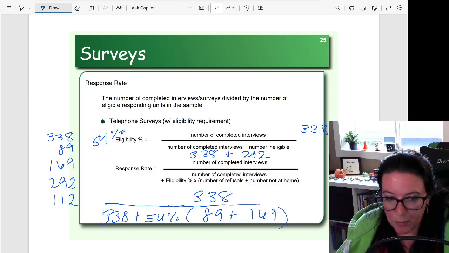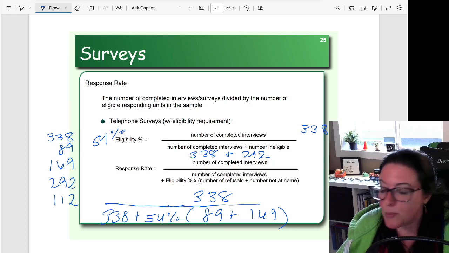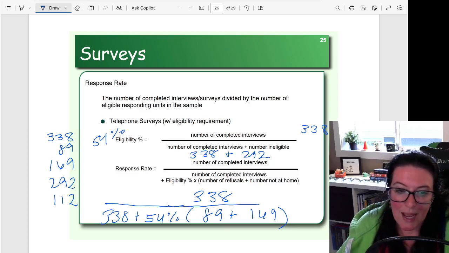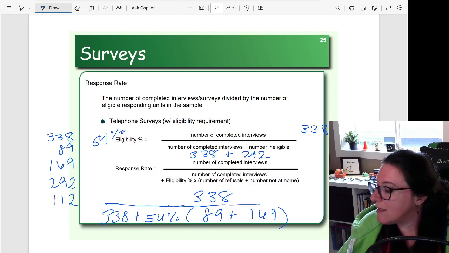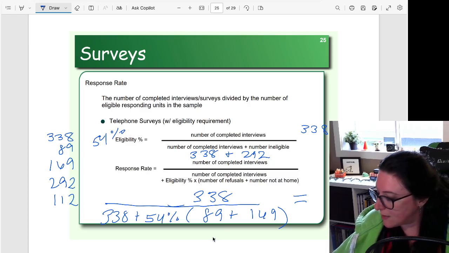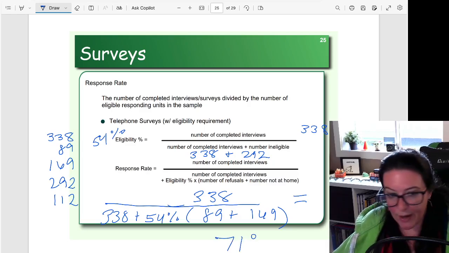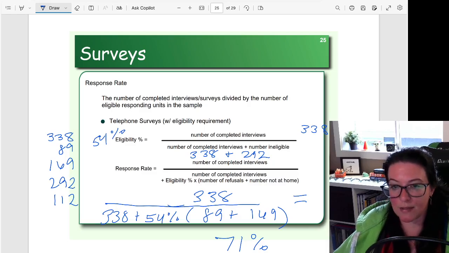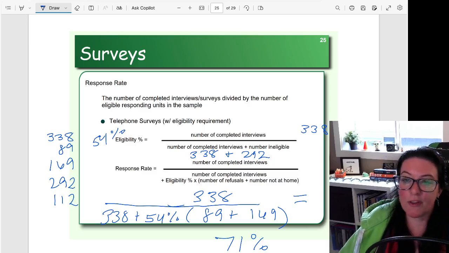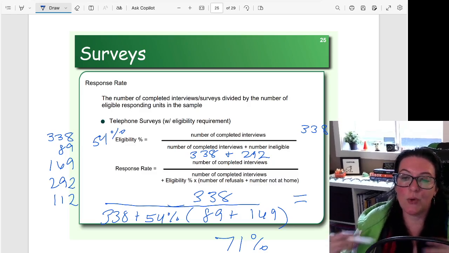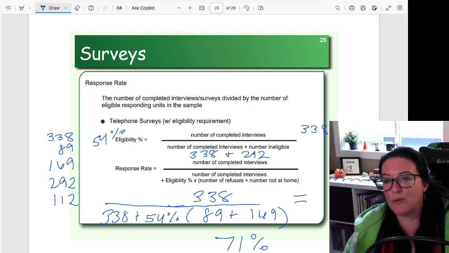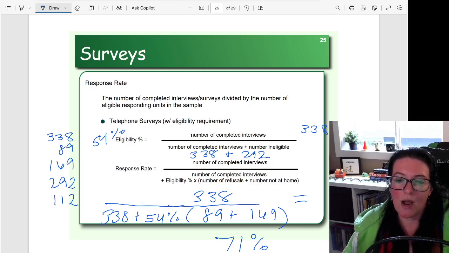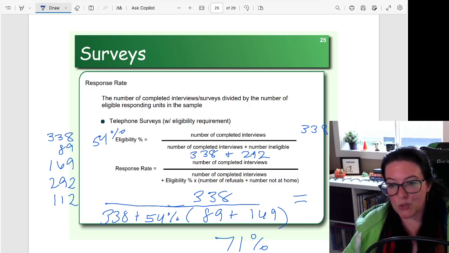So 89 plus 169, we multiply that times 54%, add it to 338, take 338 divided by that, and we get, in this case, a response rate of about 71%. So we are adjusting for the fact that not everybody who could have talked to us, who refused or didn't pick up the phone, really would have been relevant to us.